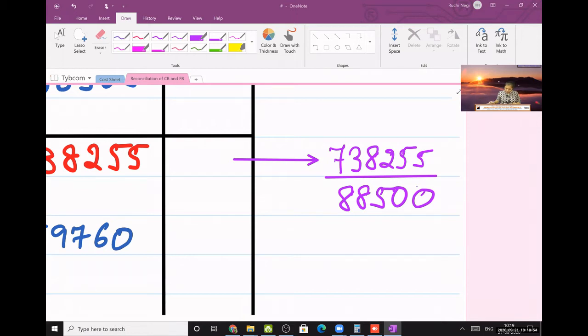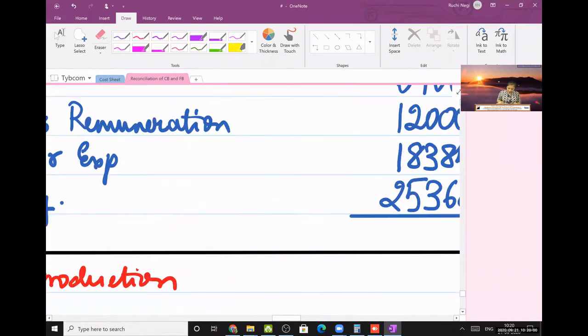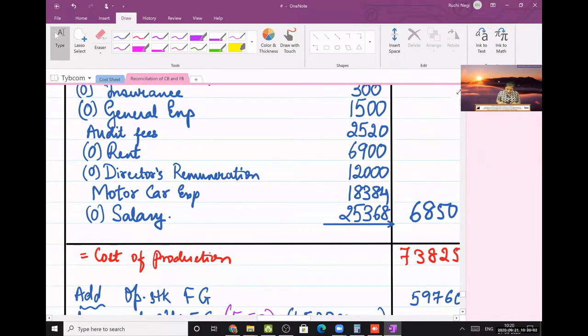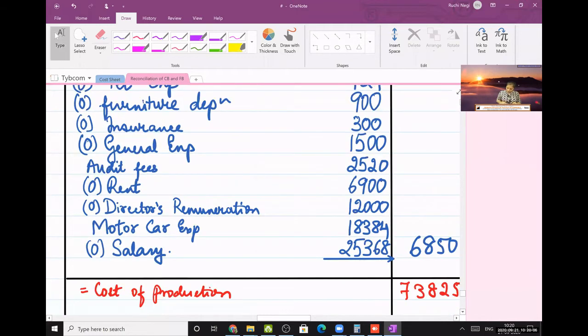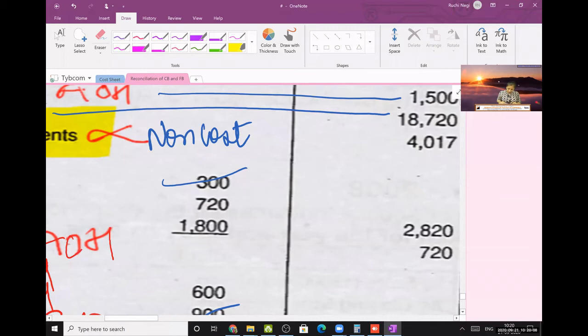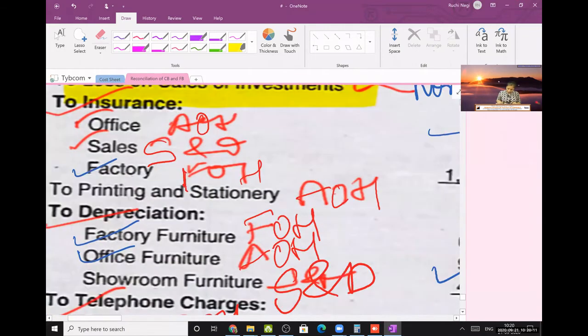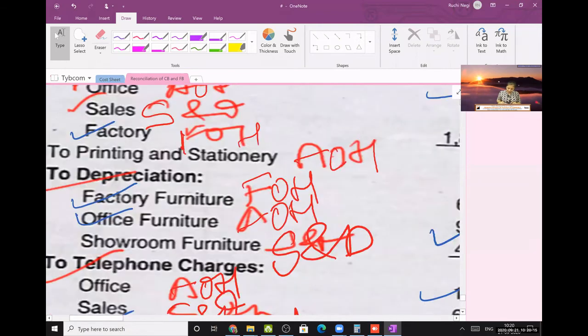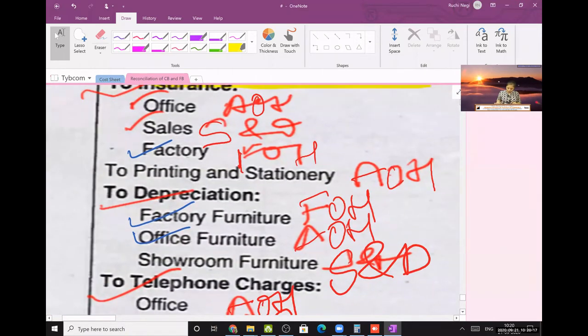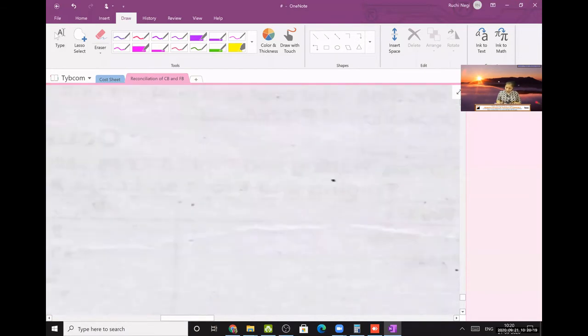Okay, Prajakta is saying, ma'am, you have not written the printing and stationery amount. Okay, let me check. Printing and stationery. Okay, I have not taken that. 720. Oh, thank you so much, Prajakta.